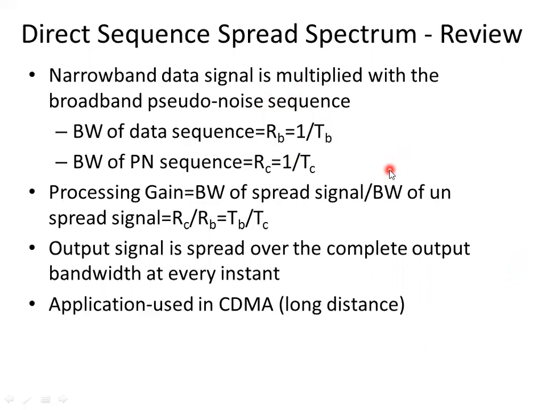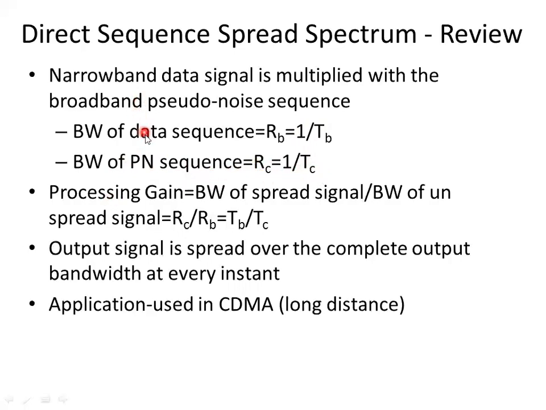In case of direct sequence spread spectrum technique, the narrow band data signal is multiplied with the broadband pseudo noise sequence. So the bandwidth of the data sequence is equal to RB, which is 1 over TB, where TB is the bit duration, and the bandwidth of the PN sequence is equal to RC, which is 1 over TC, where TC is the chip duration, as we have seen already.